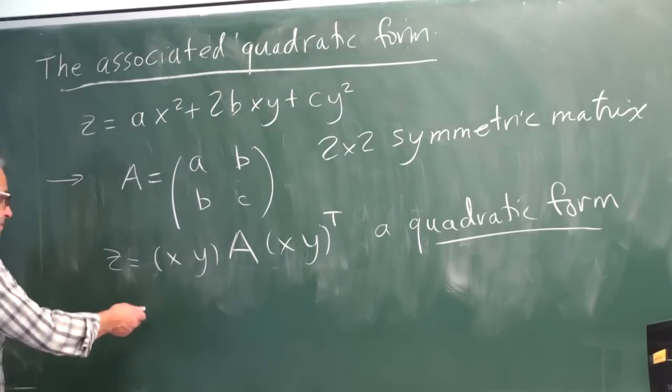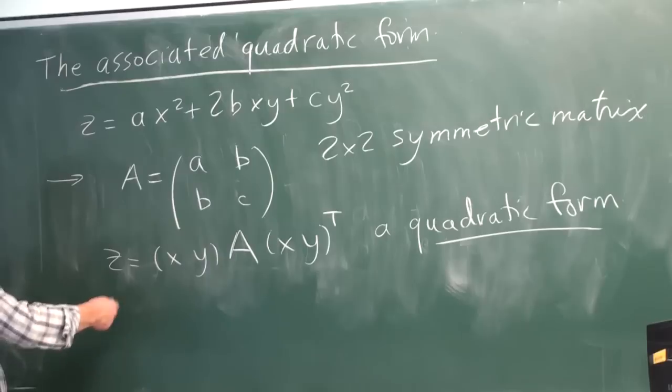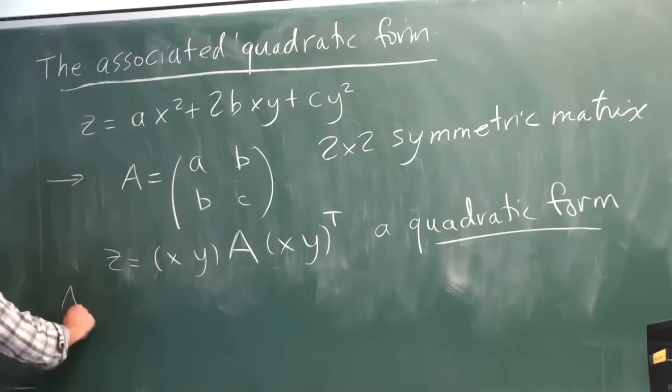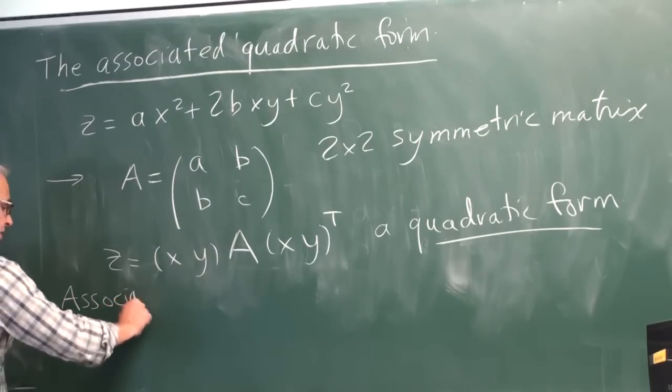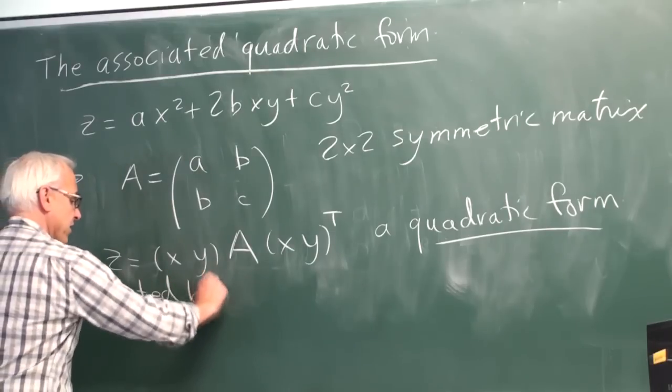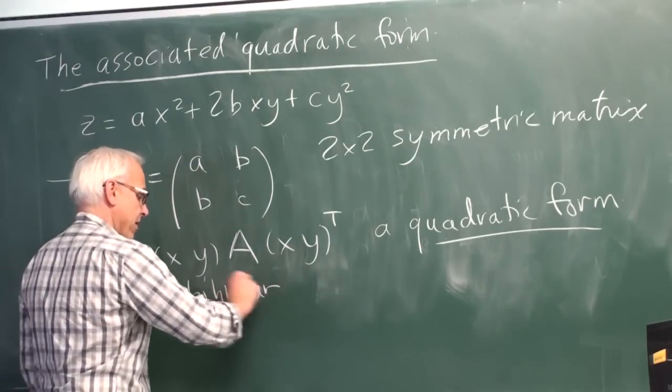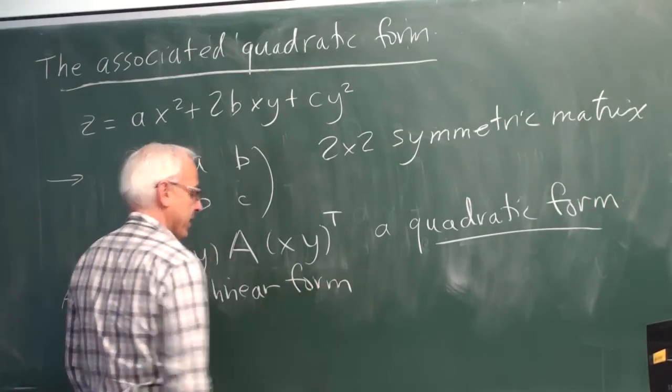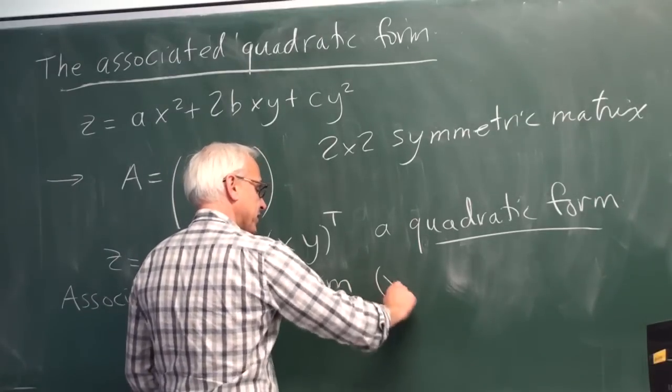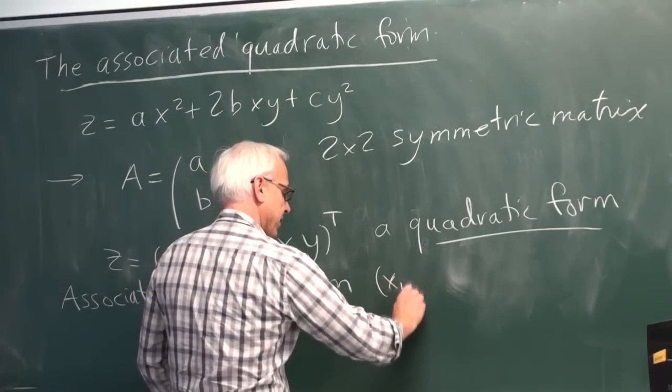There's also an associated bilinear form. So I'll write that down too. So the associated bilinear form, that's sort of like a dot product. And we might write it as a dot product.